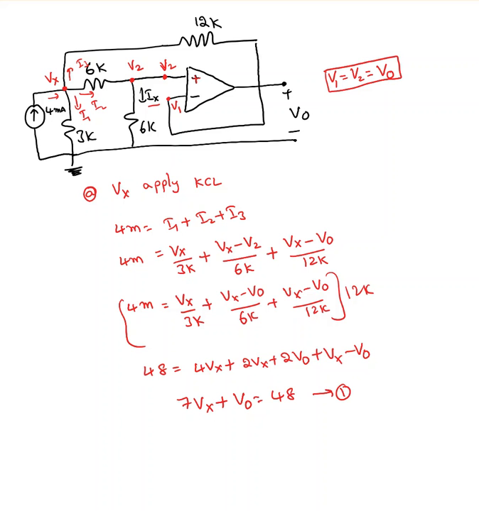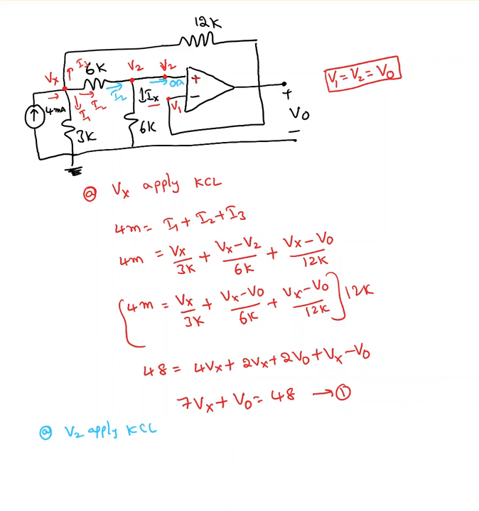Now I have two unknowns, so I need to come up with a second equation. My second equation is going to be, I'm going to apply KCL at V2. If I apply KCL, I'm assuming this current is I2 and Ix is going out. What is the current going in there? That must be 0.